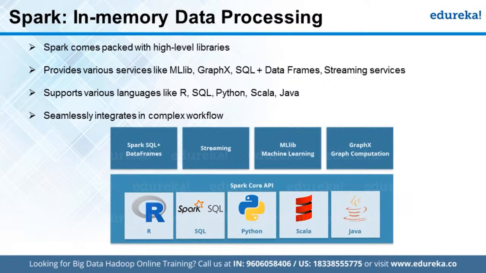One of the greatest use cases is Spark streaming. Many of you would have heard about a term called Kafka. Kafka is nothing but a message broker. Broker means it receives the message and broadcasts that it has the message.